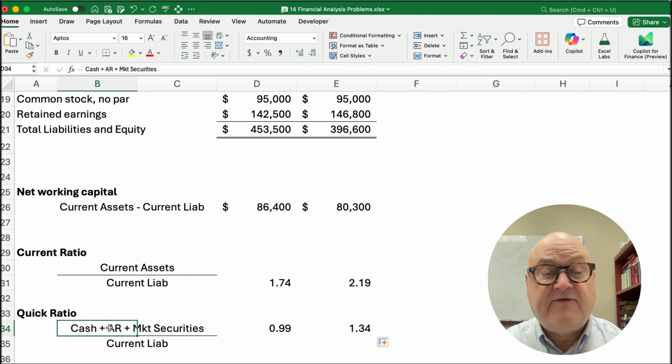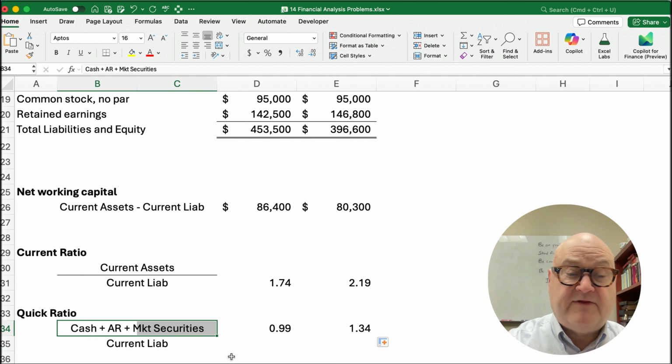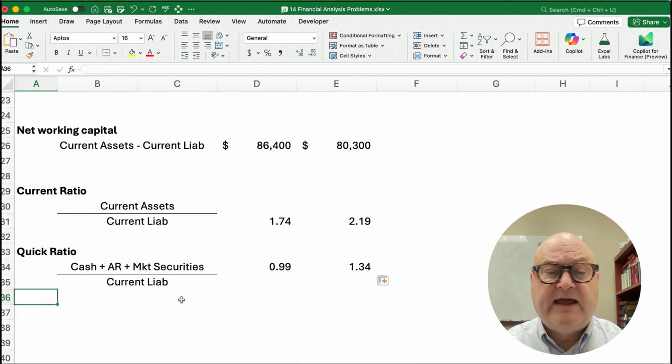That means we have cash, accounts receivable, and marketable securities ready to pay off the debt. We're always worried about whether we have the ability to pay off our debt. So this is how you calculate the net working capital, the current ratio, and the quick ratio.